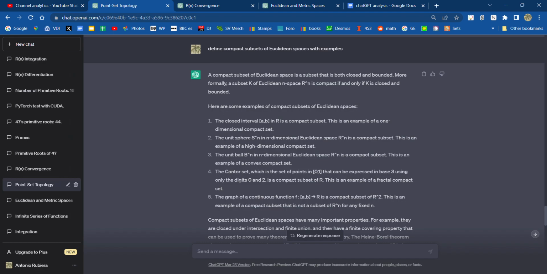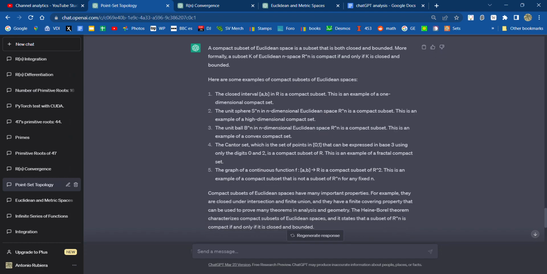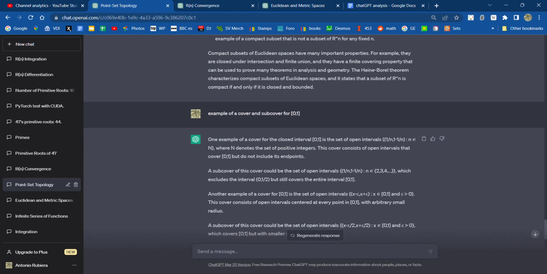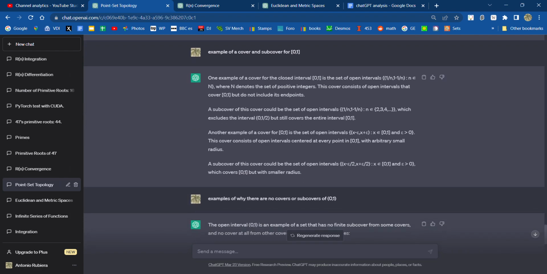Compact subsets of Euclidean spaces with examples. Yeah, so closed and bounded. Then examples of covers and subcovers for the closed interval between 0 and 1.